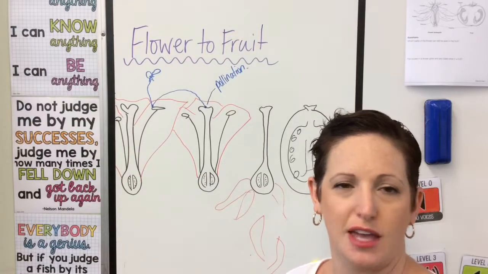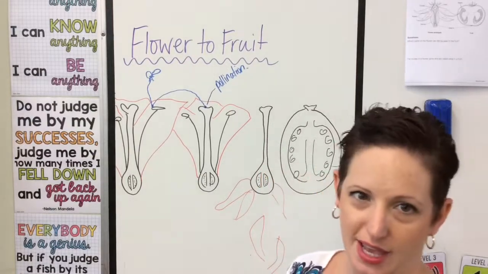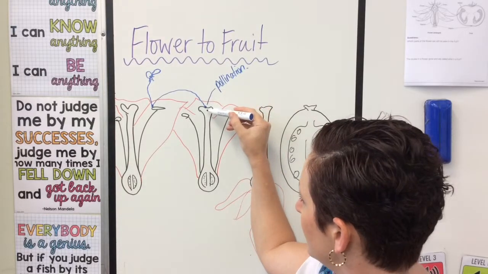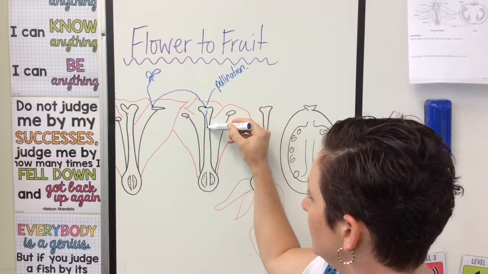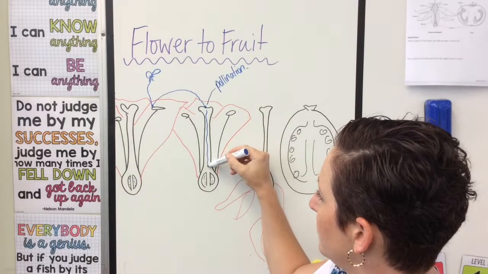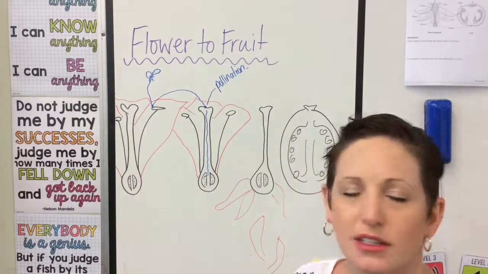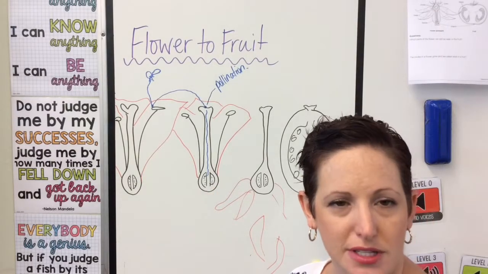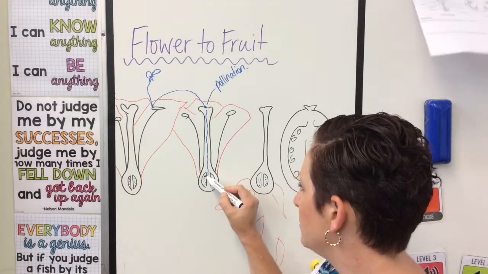Okay, but that's not the end of the reproduction of a plant. The next thing that happens is that little pollen grain travels down the style, down that tube, all the way down here until it connects with an ovule. Now that moment is the moment of fertilization.